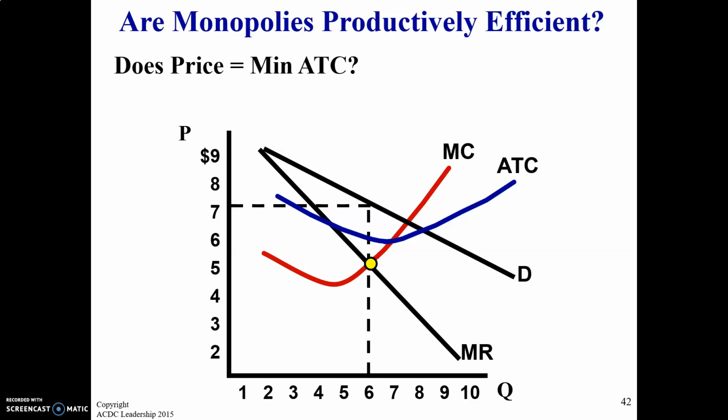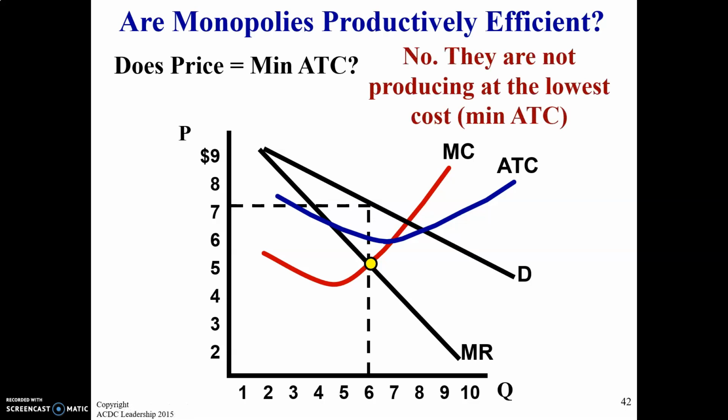So does the price equal the minimum ATC? Well, we can see right here that it does not. Okay, no, they're not producing at the lowest possible cost. They're going to produce here, charge up to there. Their lowest cost would actually be right over here, right? So they're producing even a little bit less than what would technically have them producing at the lowest possible cost.